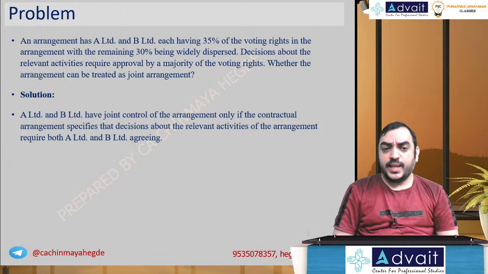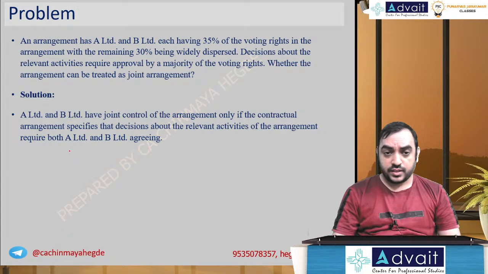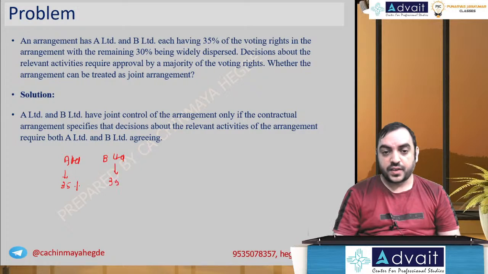An arrangement has A Limited and B Limited, each having 35% of the voting rights in the arrangement, with the remaining 30% being widely dispersed. Okay, let's present it. A Limited has 35 and B Limited has 35, and the remaining 30% are widely spread.